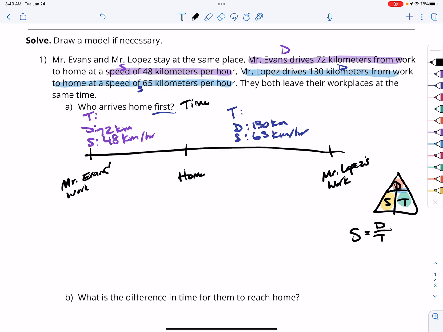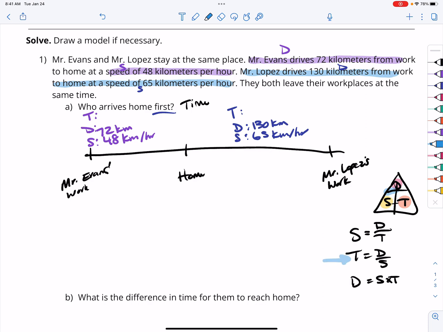Then we could also see that time equals distance over speed. And distance equals speed times time because they're right next to each other that way. So from that one picture, you can come up with all of the formulas and decide that in this case, since we're looking for time, that's the formula that we need.